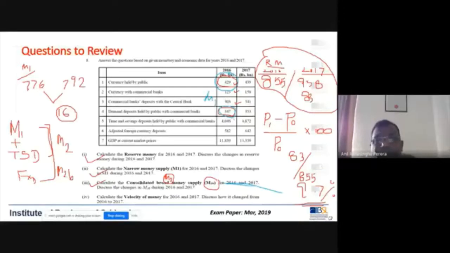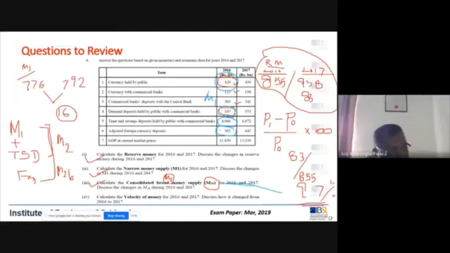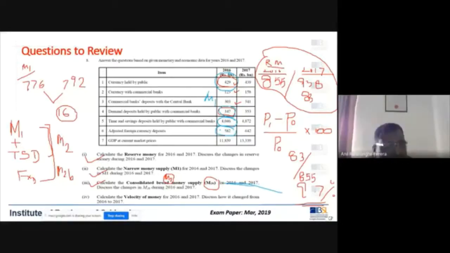Then you add up time and savings deposits held by the public with commercial banks. Then you add up adjusted foreign currency deposits. All together, how much? 5,404. Correct. In 2017, what is the amount? 6,306. Exactly, 6,306, which means M2B has increased by about 902 billion between the 2 years.